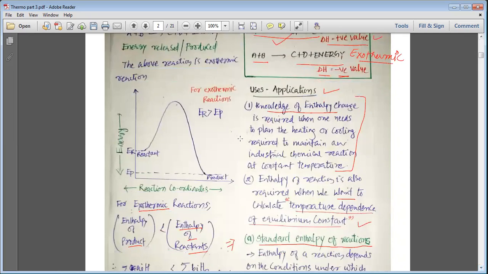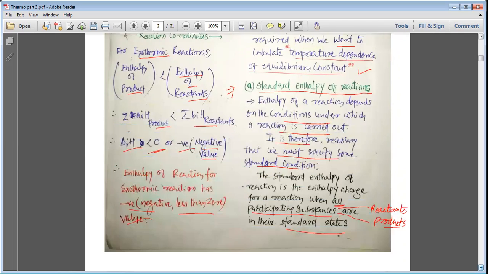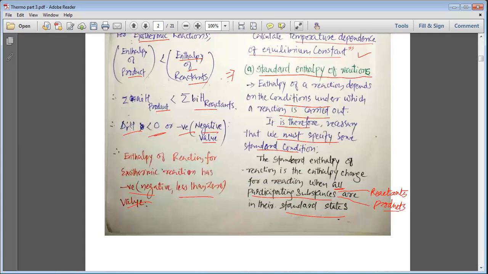But for exothermic reactions, energy is released, and that is why the energy of reactants is greater than the energy of products, so the enthalpy of products is less than the enthalpy of reactants, and while we calculate the reaction enthalpy, we have delta rH less than 0, a negative value.